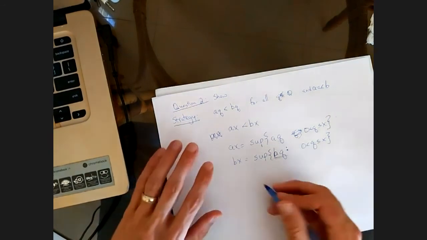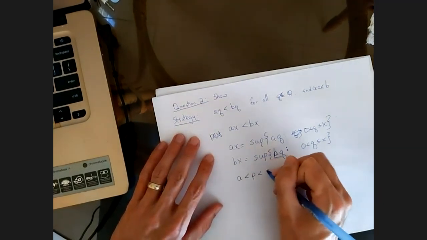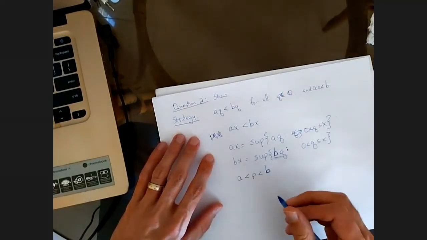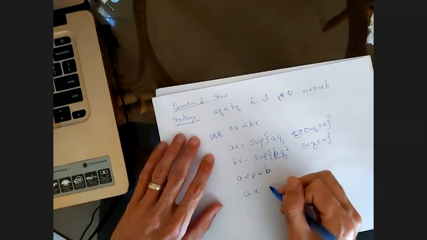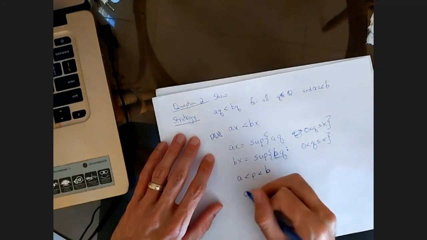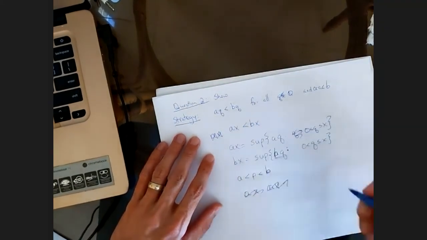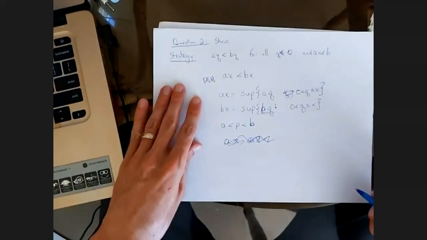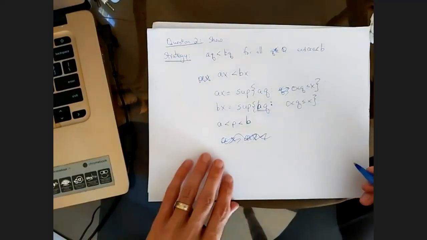You can also use the fact that there's some rational P that's between A and B. So you can try and combine everything.